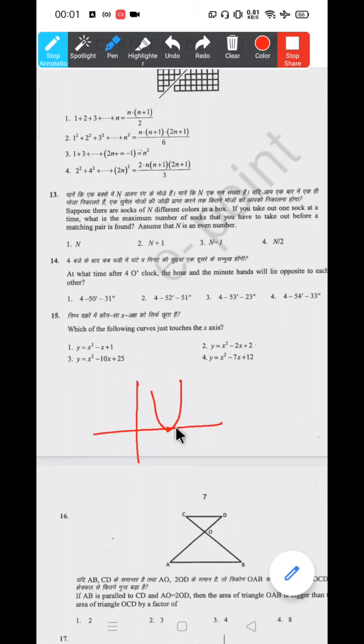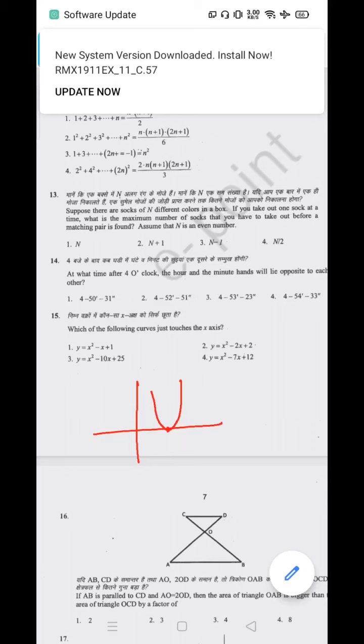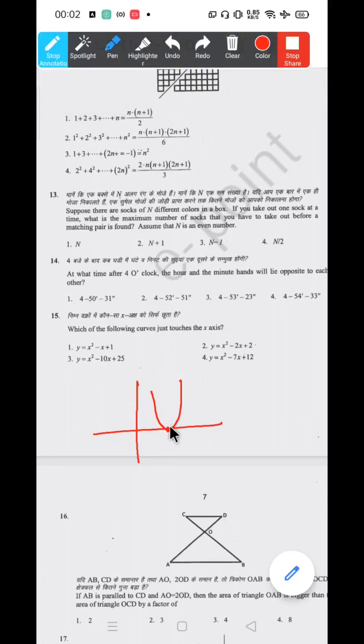That means it should give x equal to 0. Yes, because at this point your function y equals 0 and x equals something. So let us put y equal to 0 and see which of them has a solution. If I put y equal to 0 here, what will be the solution of this? No solution. If I put y equal to 0, then what will be the solution?